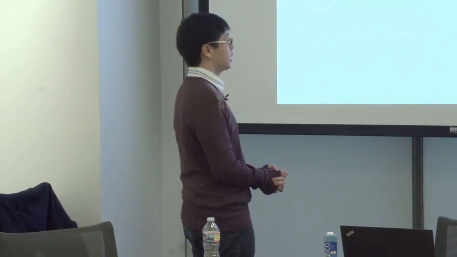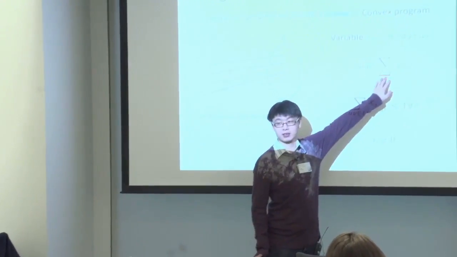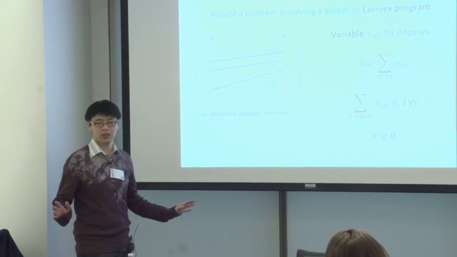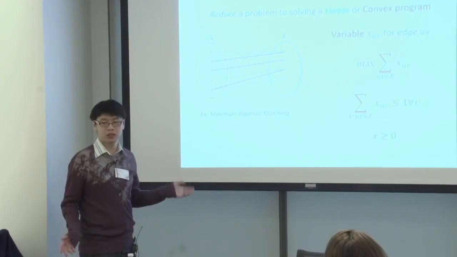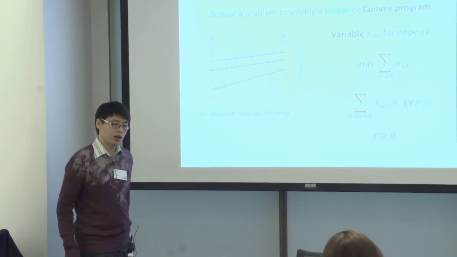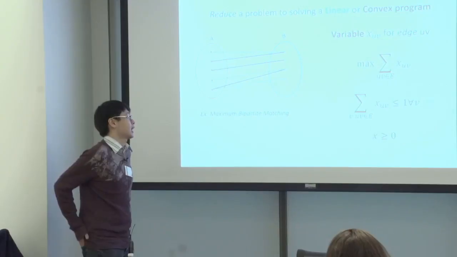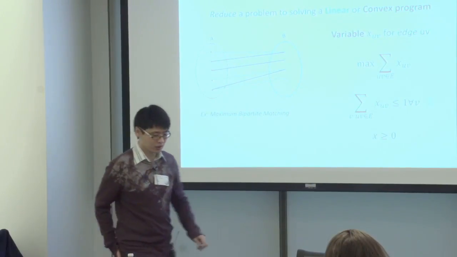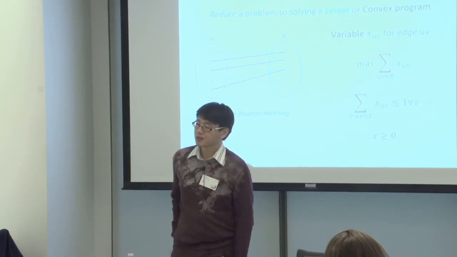The LP relaxation that you use for this problem is just to model your matching constraint as a linear constraint. So you don't want to match a vertex more than once, and you want to maximize the size of your matching. So pretty classical, basically Hungarian algorithm. People like Edmonds have worked on this kind of thing extensively, back in the 70s and 80s. Even earlier, I think, 50s.